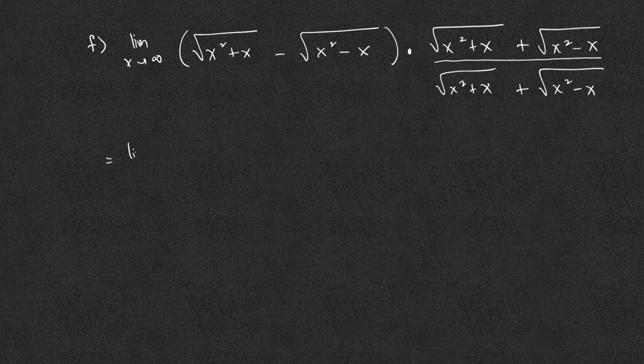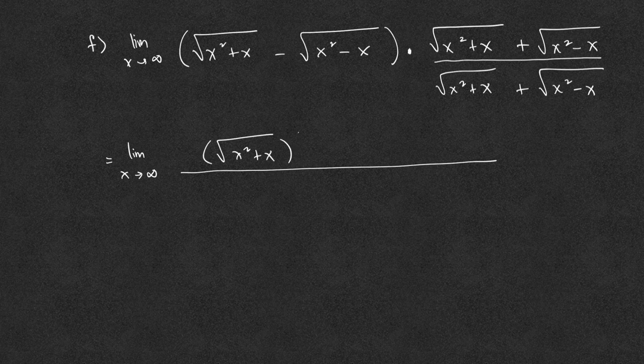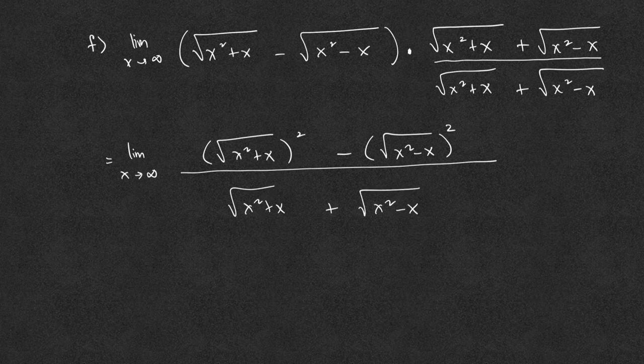In the numerator, it is now the product of the conjugates, and so we end up with the square root of x squared plus x, the first term squared, minus the square root of x squared minus x, the second term squared, and the denominator is the square root of x squared plus x plus the square root of x squared minus x.